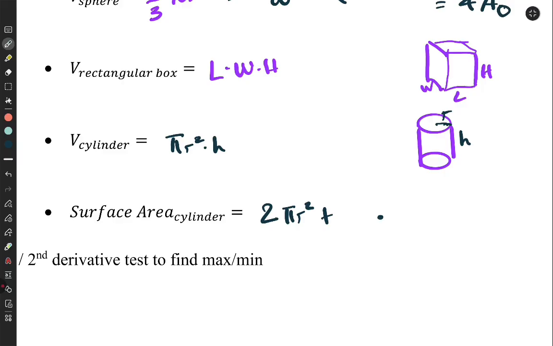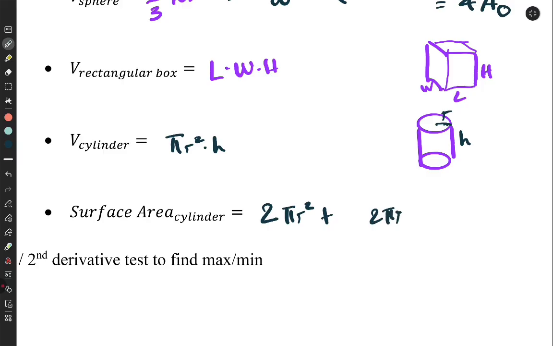One side is going to be the height of the cylinder. And this side over here would be the circumference of the circle on the top, the circumference, 2 pi r.